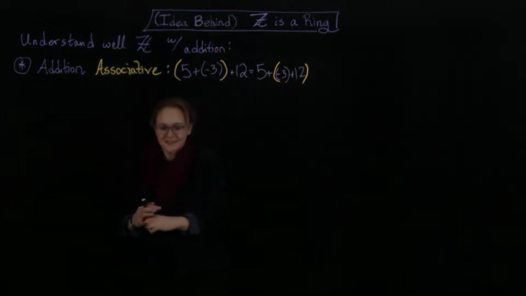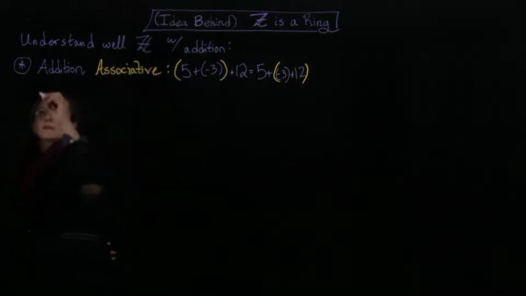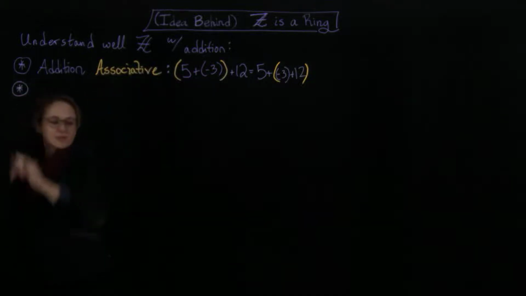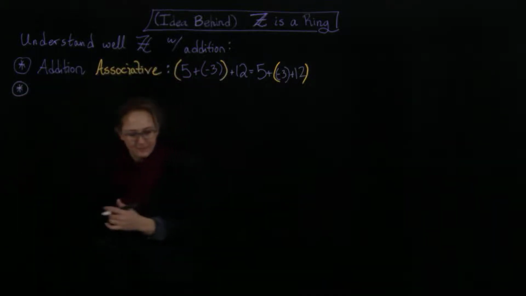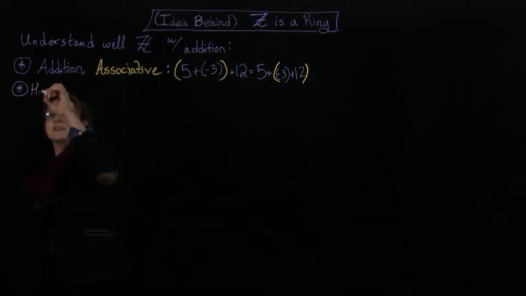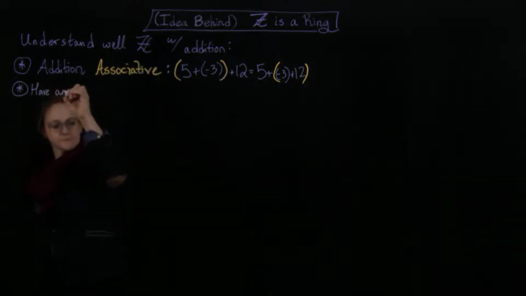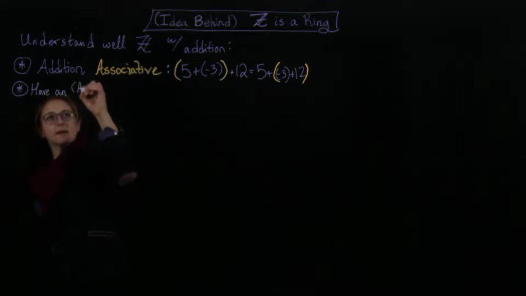It satisfies this. We also have an additive identity, which I always think of as the do-nothing element. Because we're talking about addition, this is our additive identity.